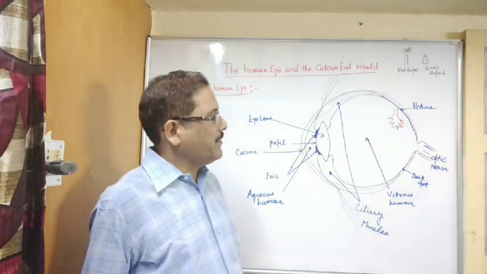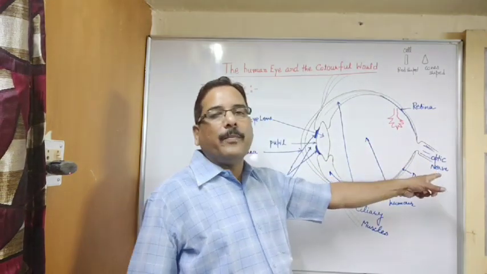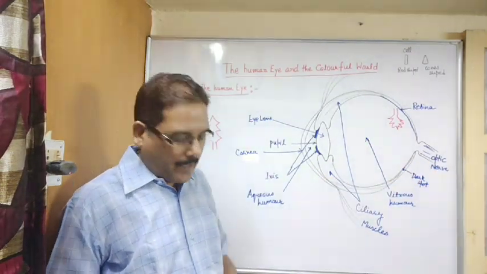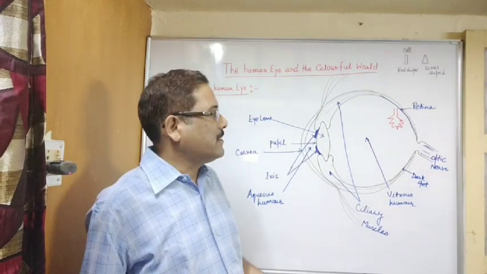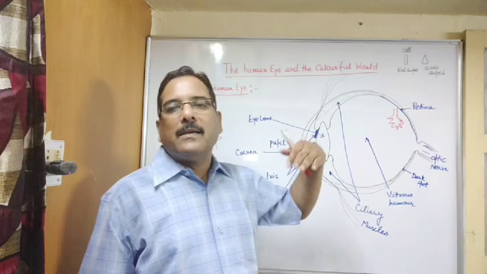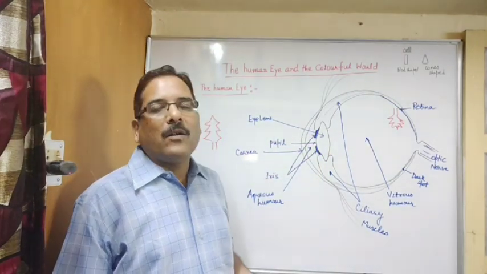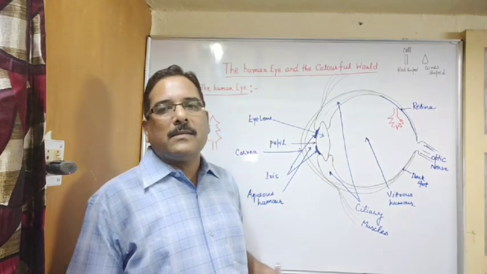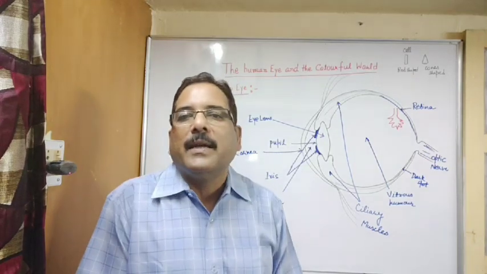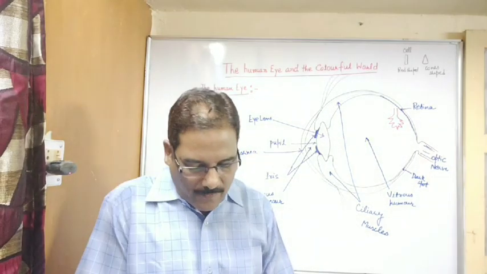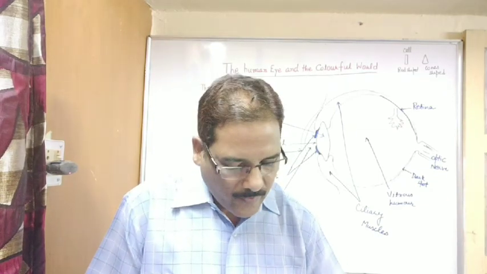And this image is transmitted to the brain via the optic nerve. And it is the brain that re-inverts this image. So the inverted image is inverted again, then it will be erect. And the brain also calculates the actual size of the object, so that we are able to see the objects in their usual form. So this is all about the human eye, how it works.